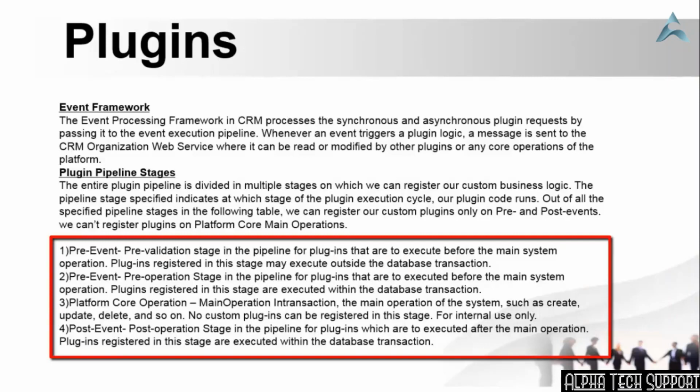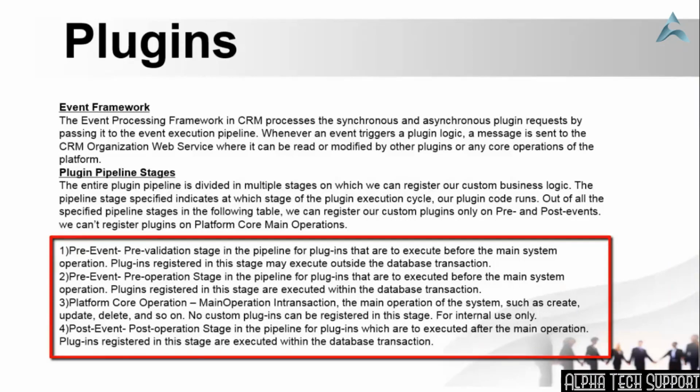Plugins registered in this stage may execute outside the database transaction. Then there is another, the pre-event, pre-operation stage in the pipeline, for plugins that are executed before the main system operations, and the plugins registered in this stage are executed within the database transaction.